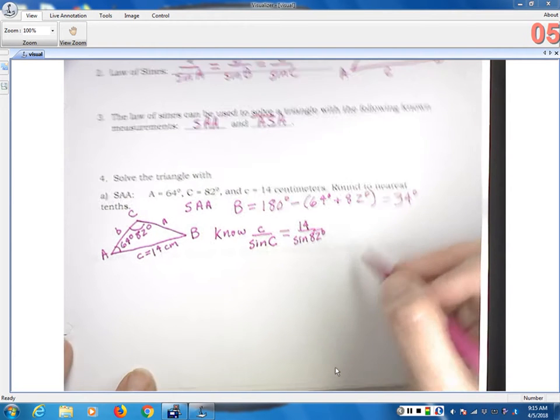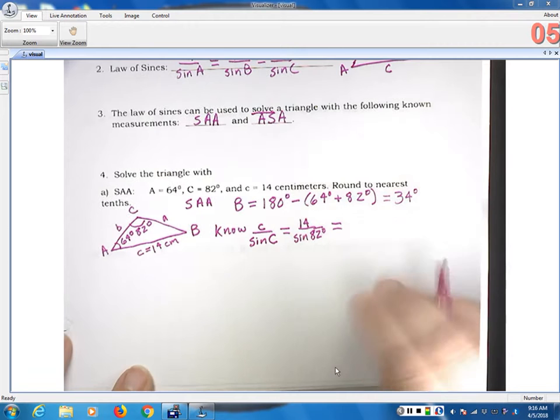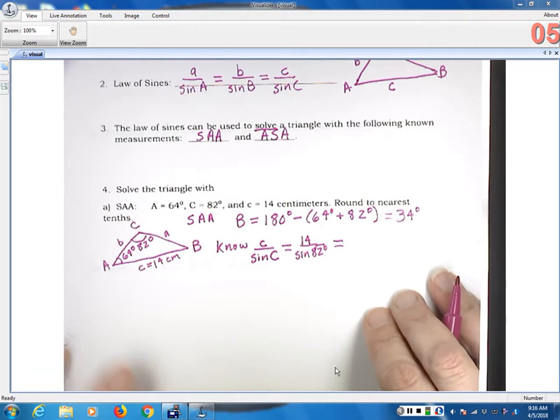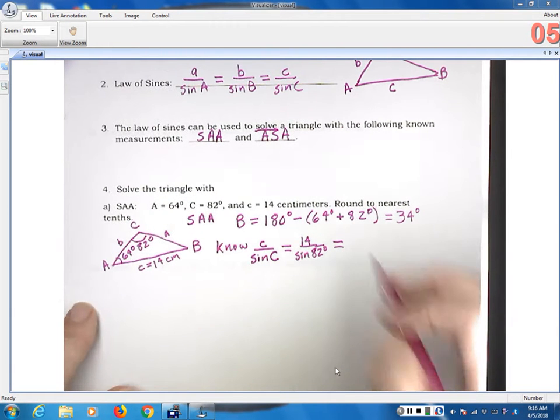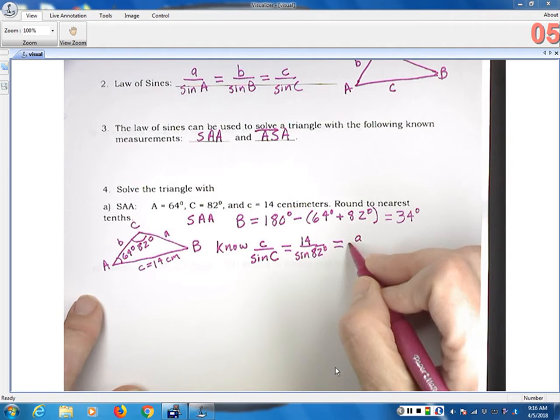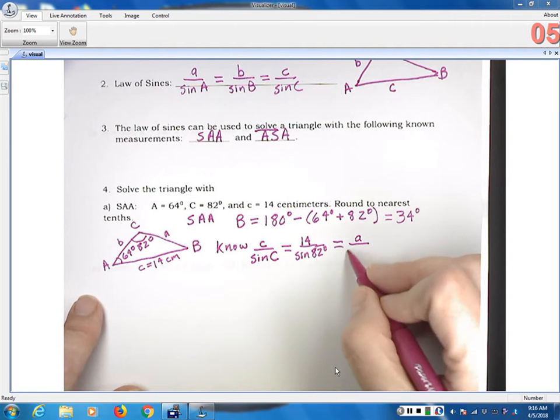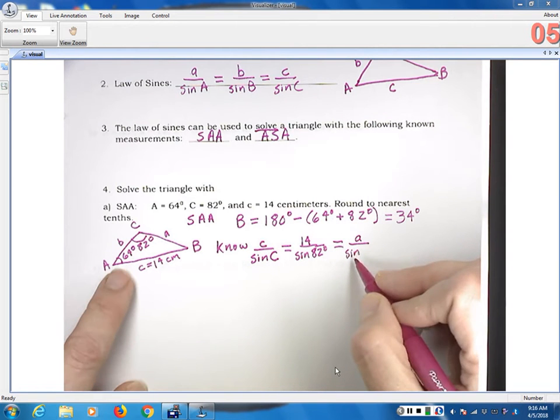And that is going to be equal to a, which is unknown, over sine of angle A of 64 degrees.